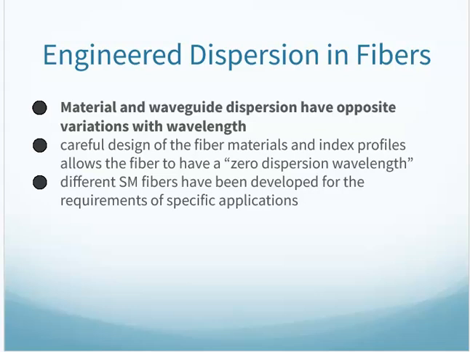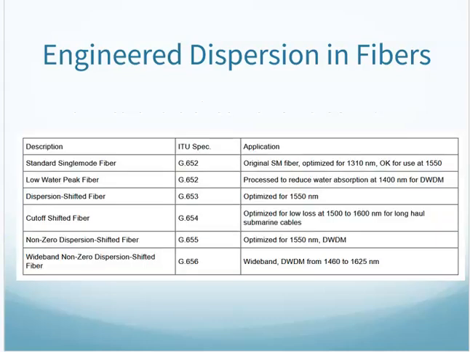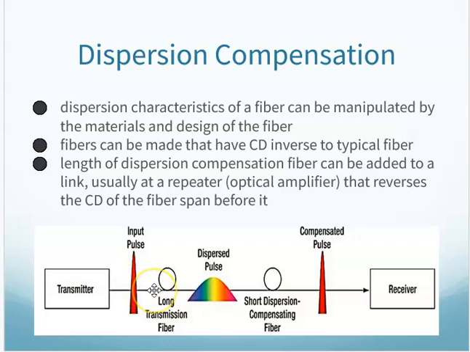They can manufacture these cables to work that out, where you have a zero dispersion wavelength fiber. They can engineer this to work this out. So there are fibers that can do that, and here's some of those they're mentioning here, engineered dispersion. There is also fiber that can be used to help.